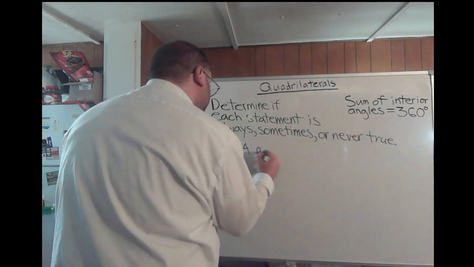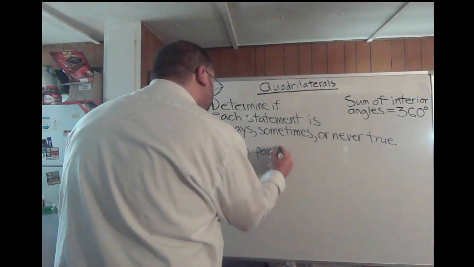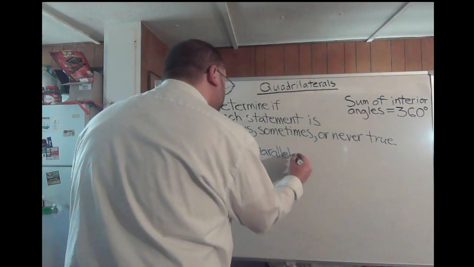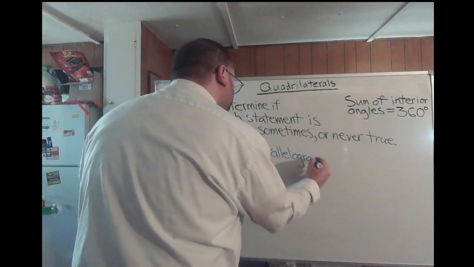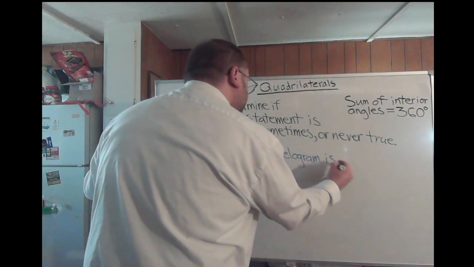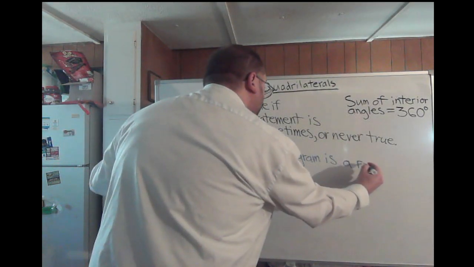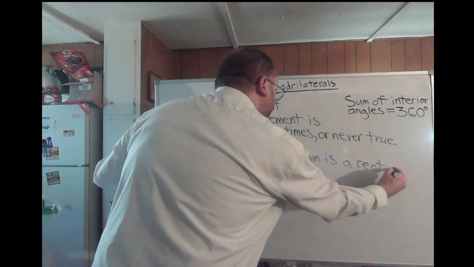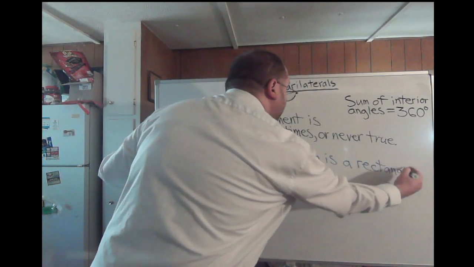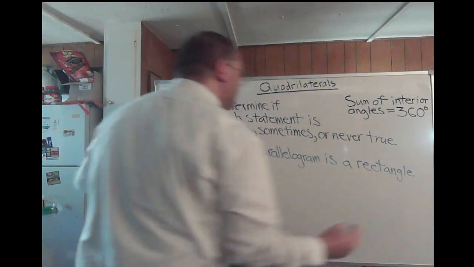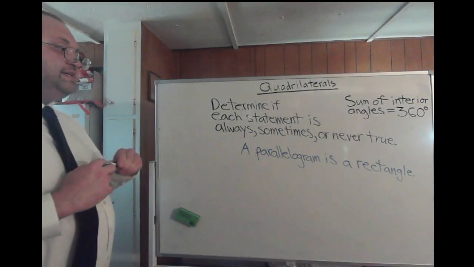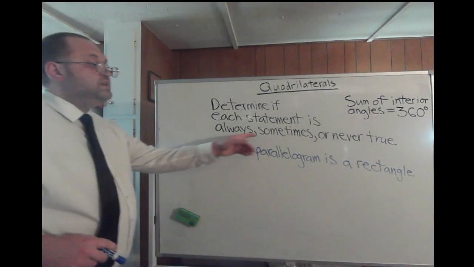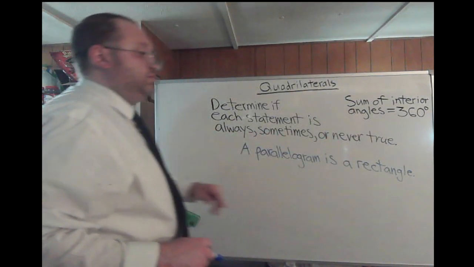A parallelogram is a rectangle. Alright, so a parallelogram is a rectangle. Is this always true, sometimes true, or never true?